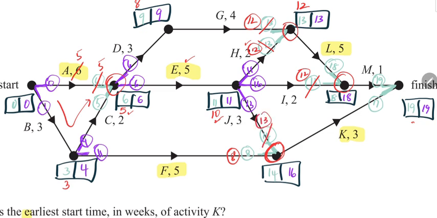So that's changed, and that now is 13. Now 13 plus 3 is 16. We do know that the minimum it can be reduced to is 16 weeks. Okay, so we won't do any reductions along that path.